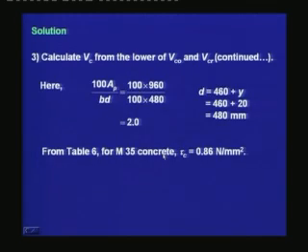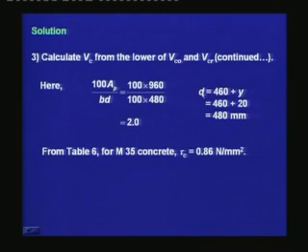Next, to calculate tau c, we need to know the percentage of prestressing steel provided. The percentage of prestressing steel is given as 100 times AP divided by BD, where D is the depth of the CGS at the critical location.